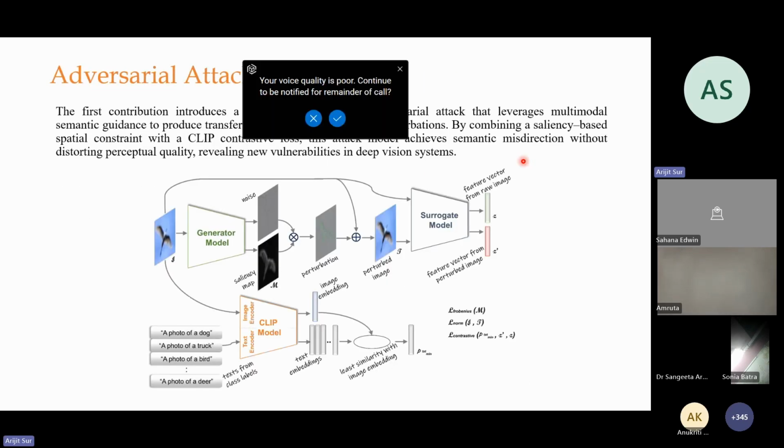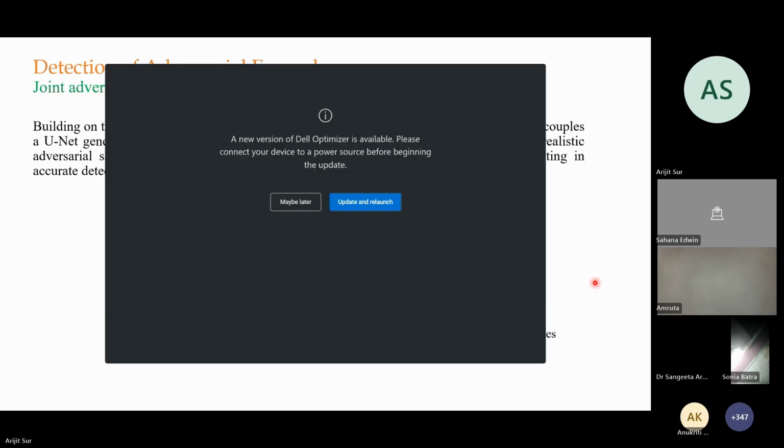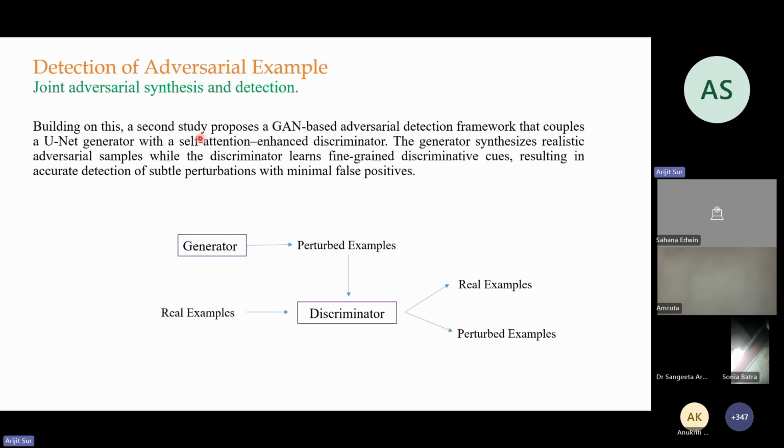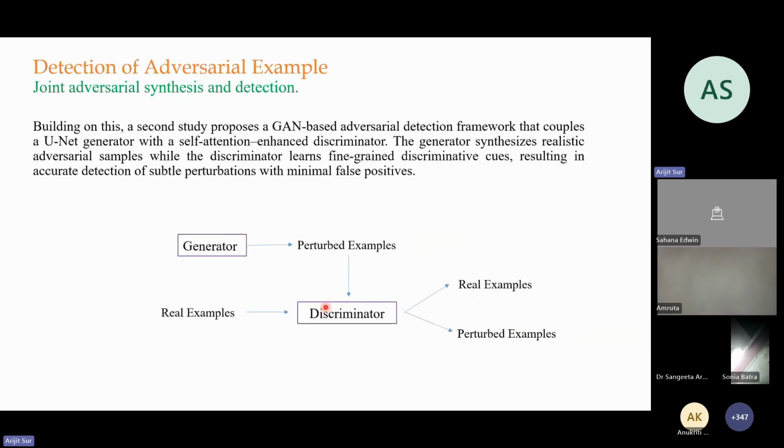This is another work of ours. Here we have a generator that produces perturbed examples, and there is a trained discriminator.